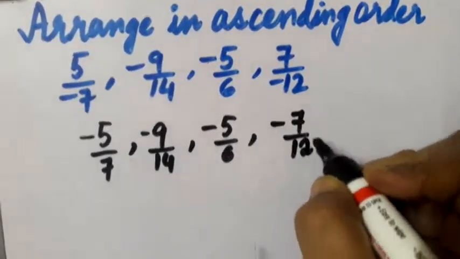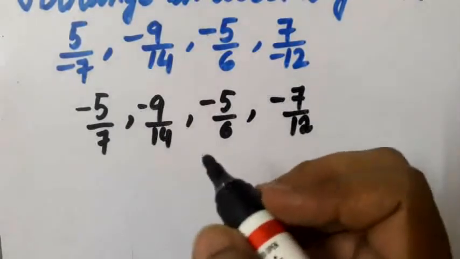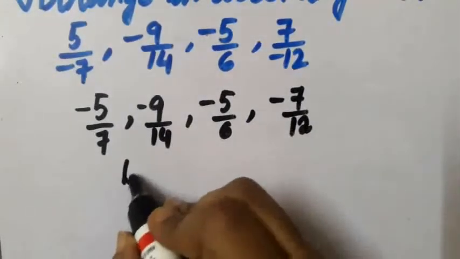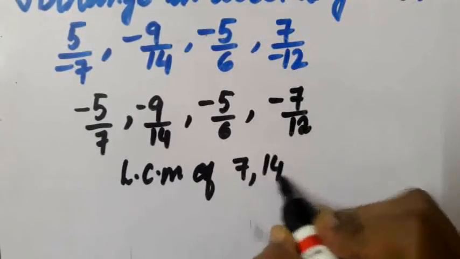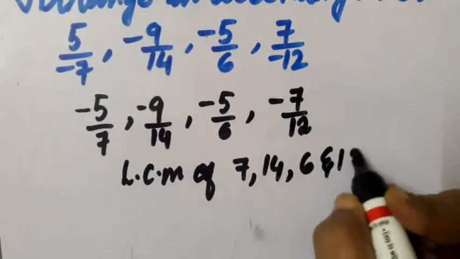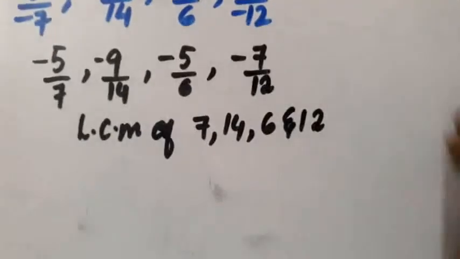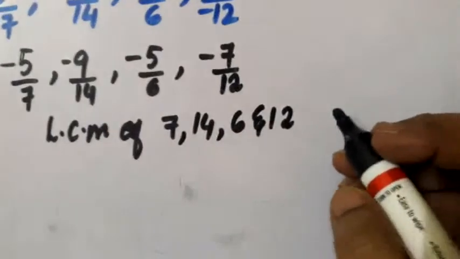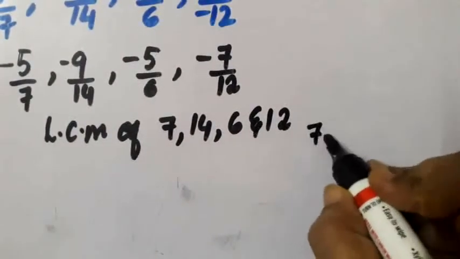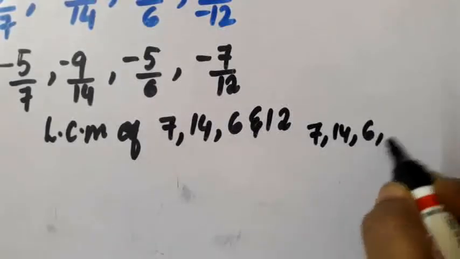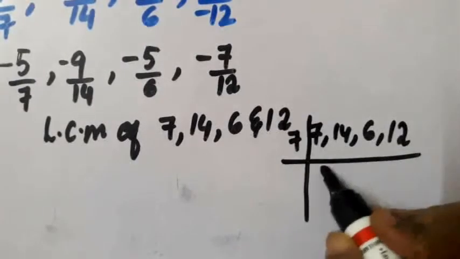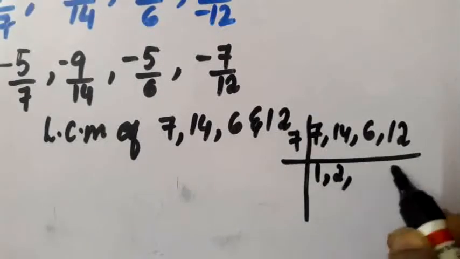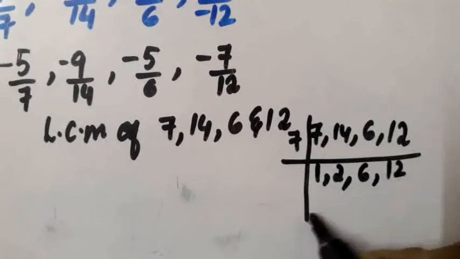Now the next step is to take out the LCM of the denominators, that is 7, 14, 6 and 12. It will go in the 7 table: 7 ones are 7, 7 twos are 14, and 6 and 12 stay as they are.